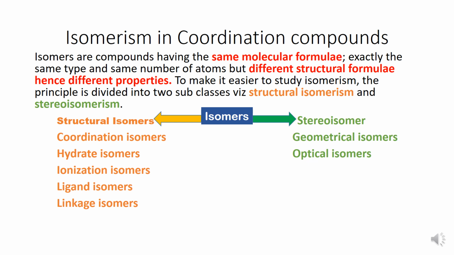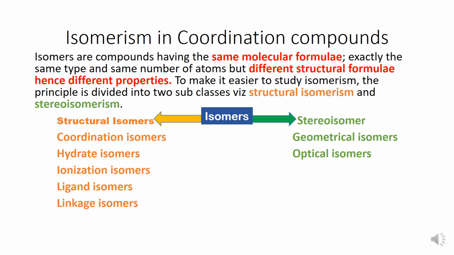Further on, to make it easier for us to understand isomerism, we have divided isomerism into two major subclasses. These are structural isomerism and stereoisomerism, as you can see in the chart below.